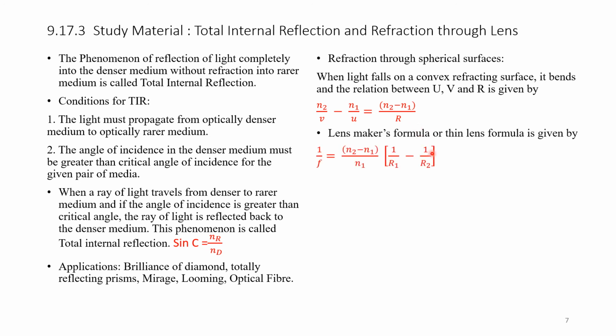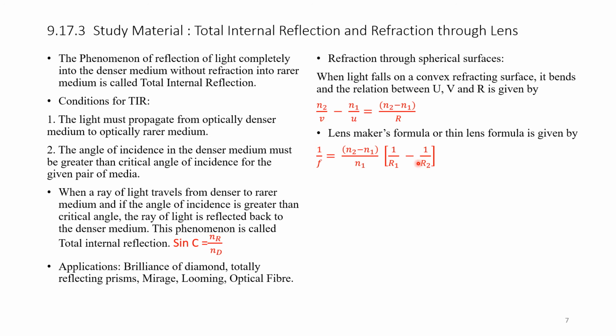Lens maker formula. Lens maker formula or thin lens formula is given by the equation 1 over f is equal to n2 minus n1 within brackets divided by n1 into 1 over r1 minus 1 over r2, where n2 is the refractive index of the medium 2 and n1 is the refractive index of the medium 1, and r1 is the radius of curvature of the medium 1 and r2 is the radius of curvature of the lens 2.